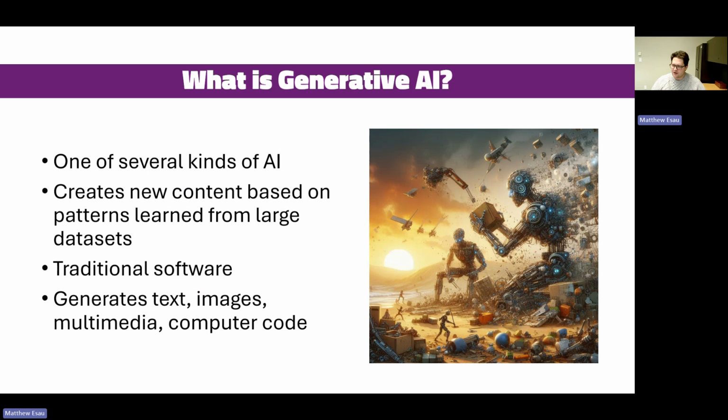As I mentioned, traditional software, you program in rules that it follows. So you can certainly program a set of software to do things like create images, but it's doing that by following the rules that you put in. It's not doing something new or outside of what its programmer was intending it to do.